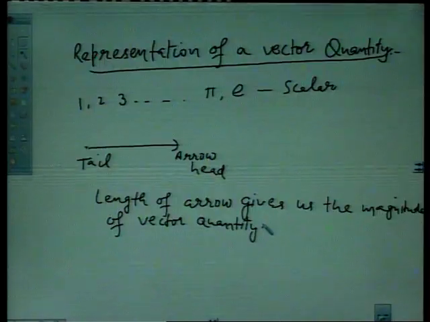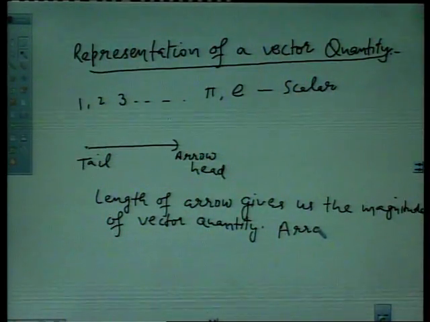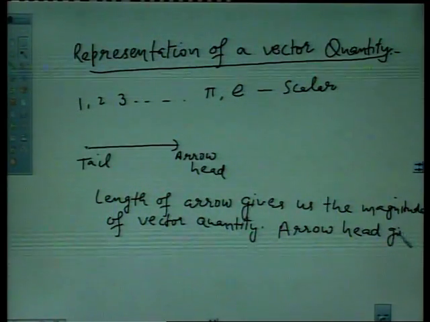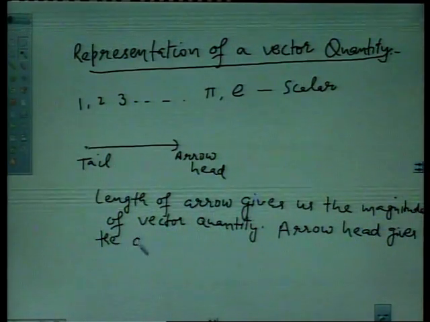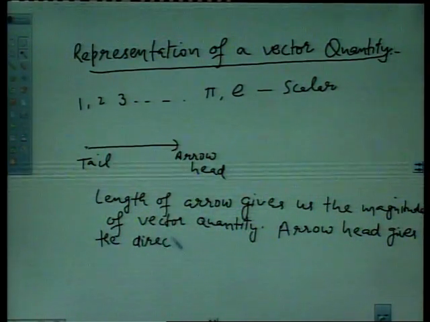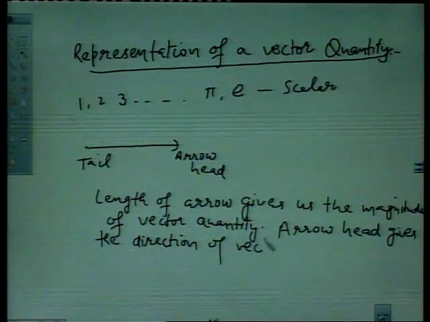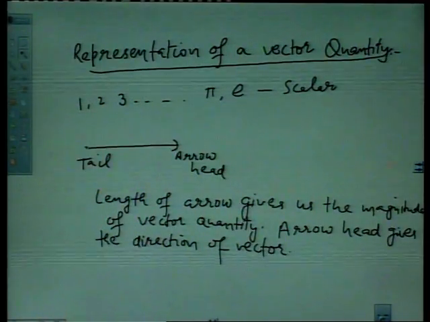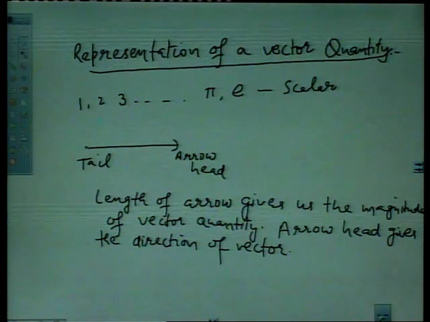And the direction of arrowhead gives the direction of vector. So in which direction the head is pointed, it represents the direction of the vector quantity.